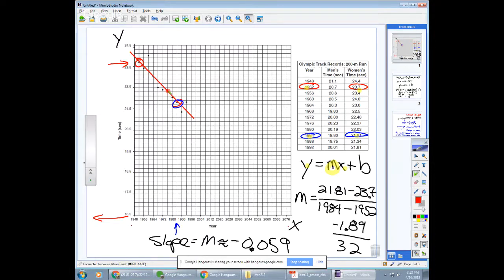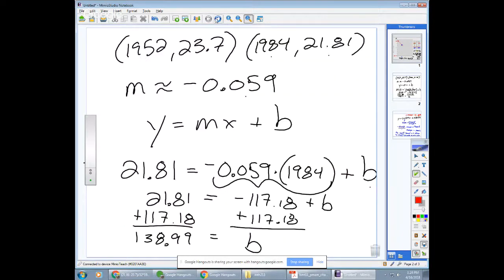So what I want to do is plug 1976 into the equation and see if it comes up to a number similar to 22.37. So we're just going to check our model, see how it is acting there.